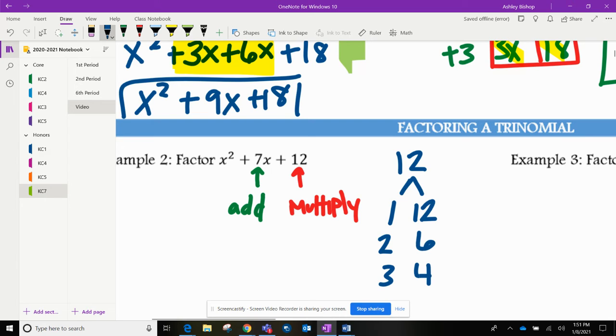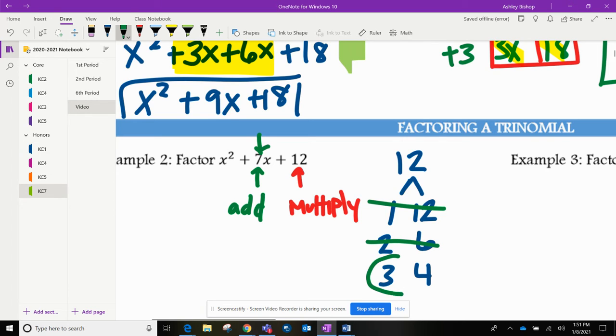You want to see which set of numbers a set goes across. 1 and 12 are a set. You cannot separate them. You can't do 1, 2, and 3, right? Those are a set. So you want to find which set of numbers, either 1 and 12, 2 and 6, and 3 and 4, can I manipulate some way to get to 7? Well, 1 and 12, there's no way I can get 7. 2 and 6, I can't get 7.